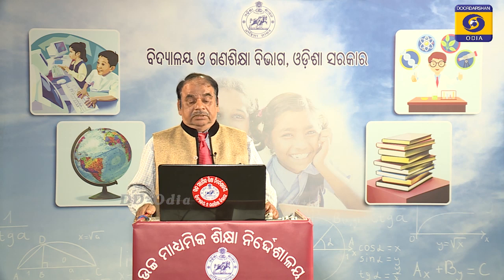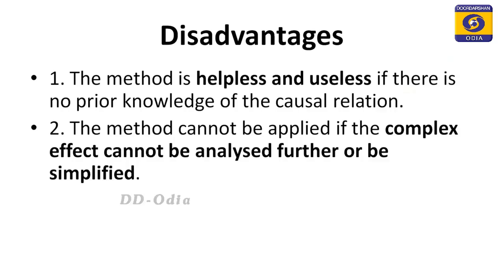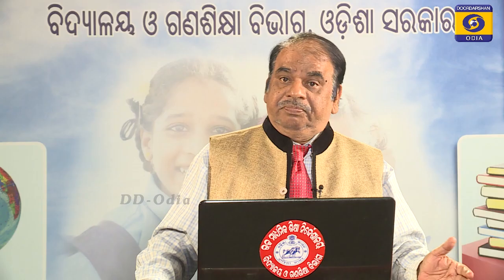And the other disadvantage is that the method cannot be applied if the complex effect cannot be analyzed further or cannot be simplified. If there is a complex effect and it cannot be further analyzed or simplified, then the method of residues cannot be applied, because subduction or deduction is not possible.